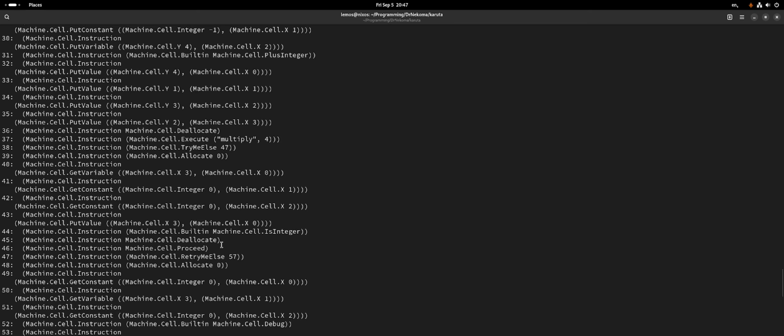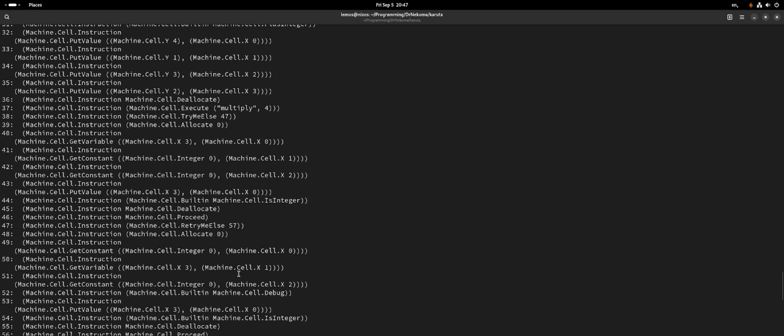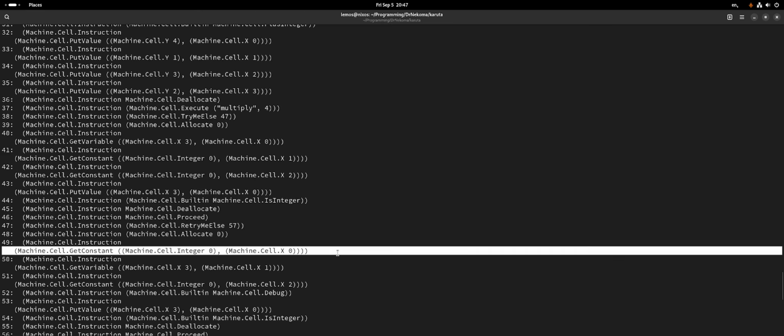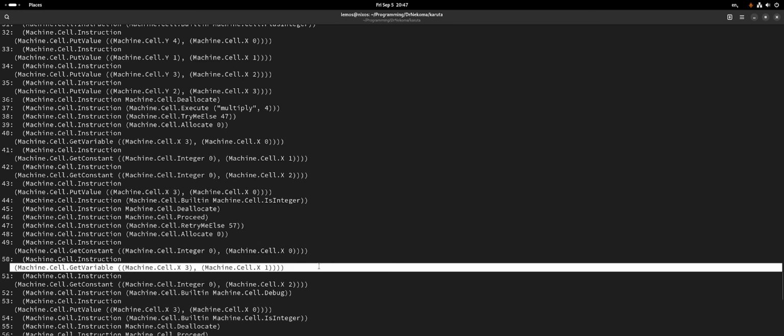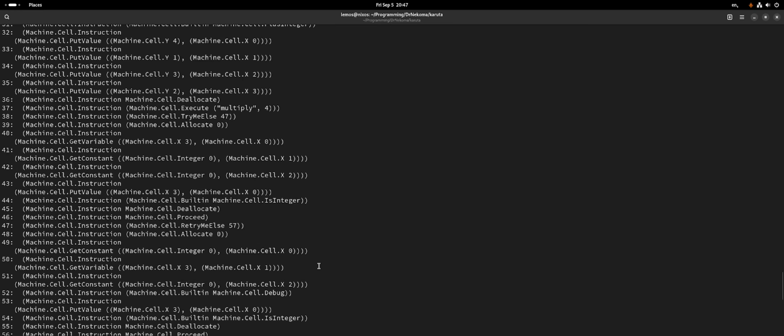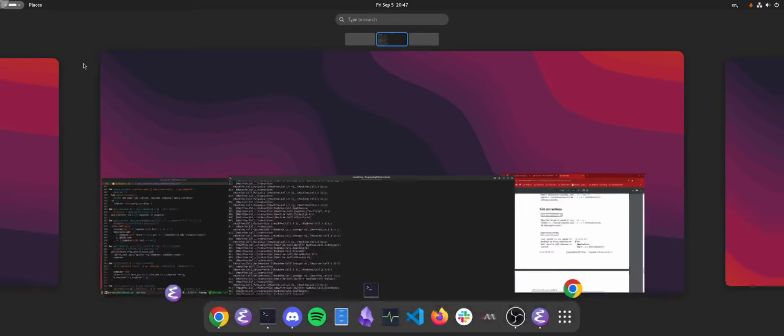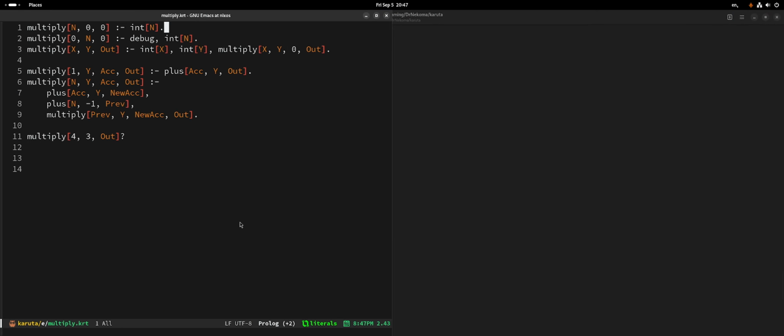Then we do the retry me else, and what do we have? We have a 0 on the first register, and then we have a reference in the second register, and I think that's what happens actually.